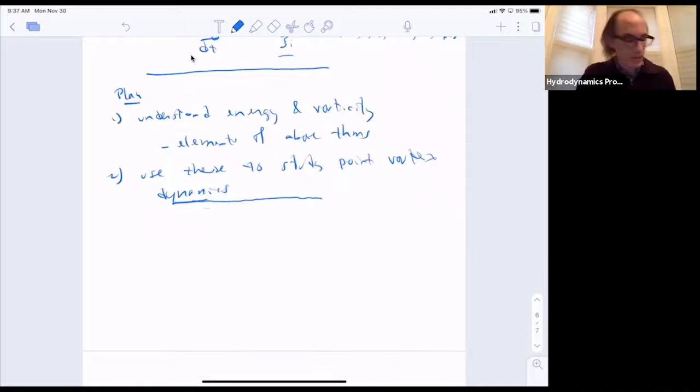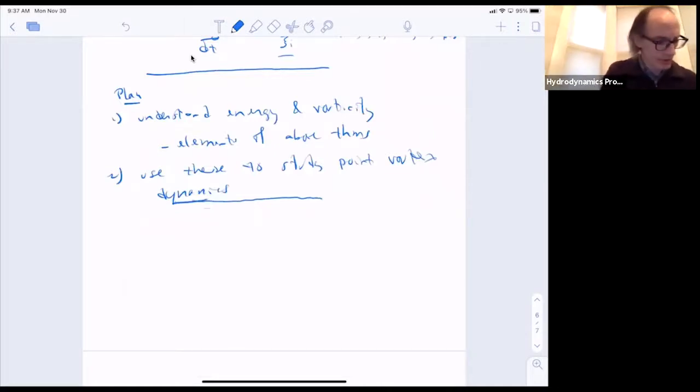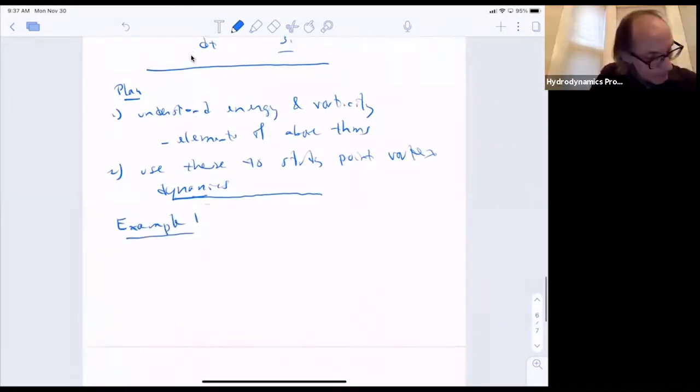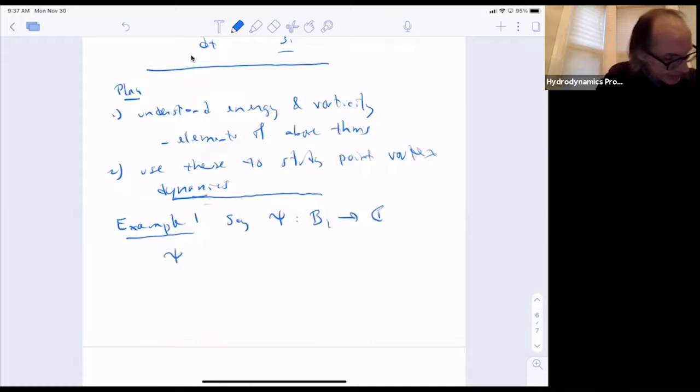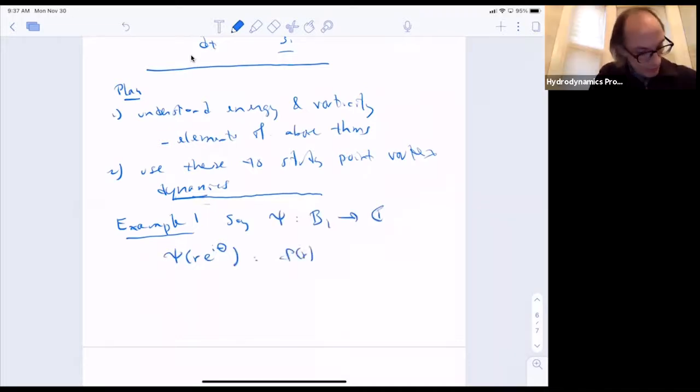Okay, and so let's see. So first, let's do an example first. So the most basic example. Say psi is a function from the unit ball, and let's say psi of r e^{i theta} in polar coordinates is f of r e^{i theta}.